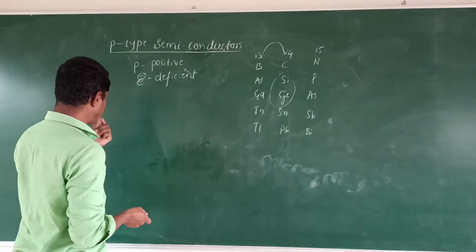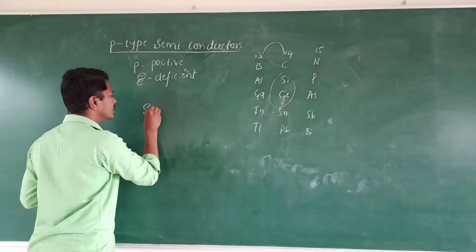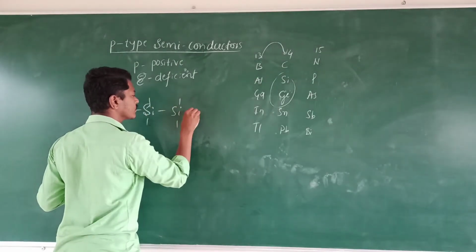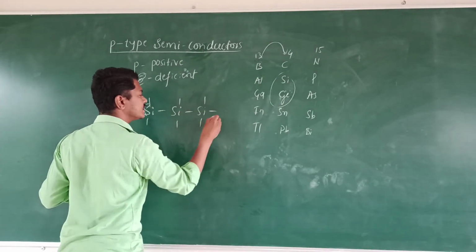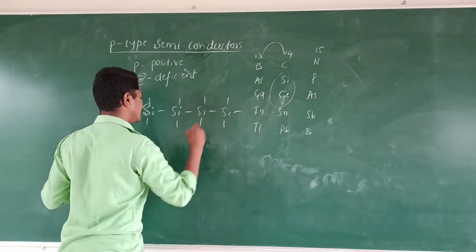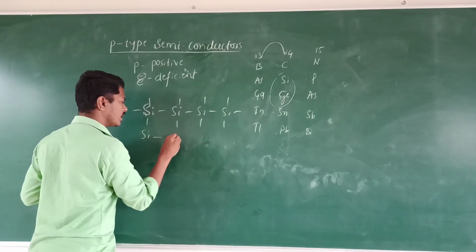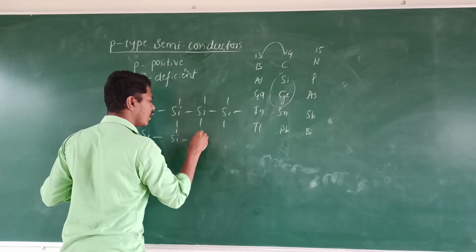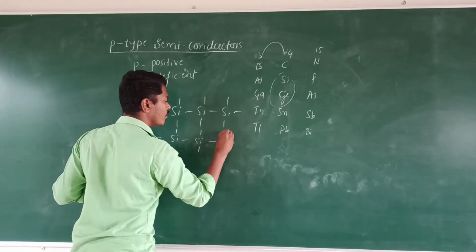For example, take silicon having tetravalency. This arrangement is observed in silicon. Silicon having 4 valency means all 4 sides are bonded.